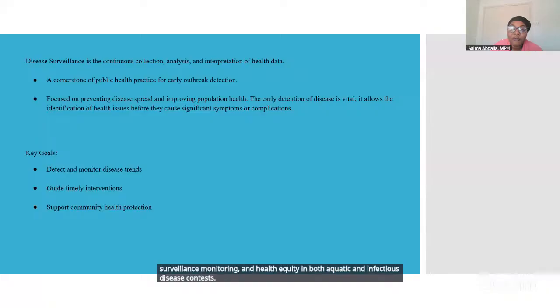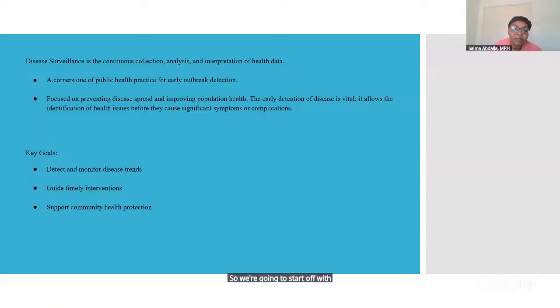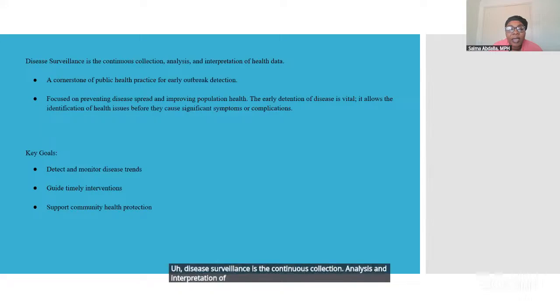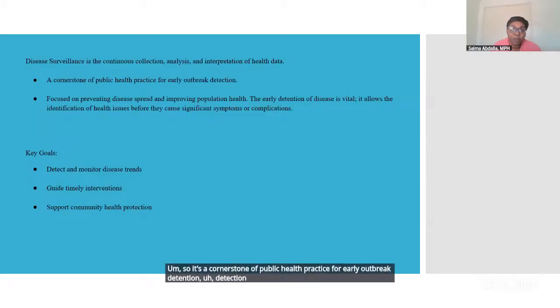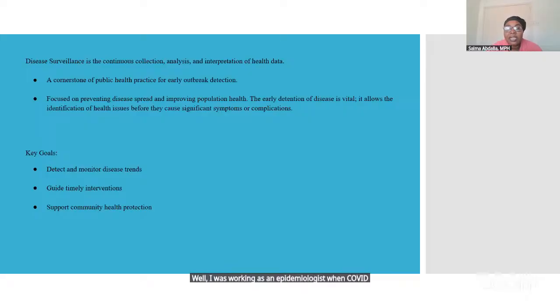So we're going to start off with identifying what disease surveillance is. Disease surveillance is the continuous collection, analysis, and interpretation of health data. So it's a cornerstone of public health practice for early outbreak detection. And this is something that, while I was working as an epidemiologist when COVID happened, it was a learning opportunity for all of us.